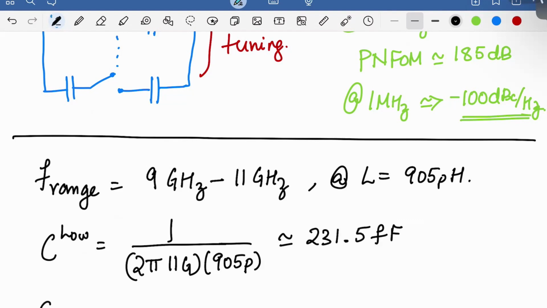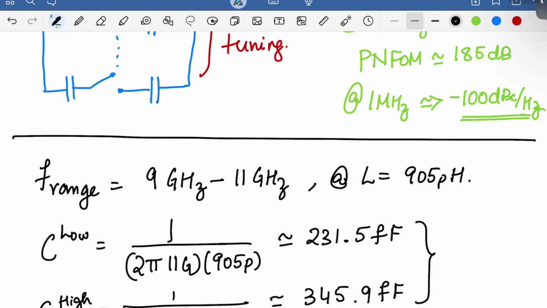Right? And then the high value of the capacitance to hit this band is 1 over 2 pi times 9 gigahertz times 905 pico, and that's approximately 345.9 femtofarad. Okay, so this is the range that we're going to try and hit.